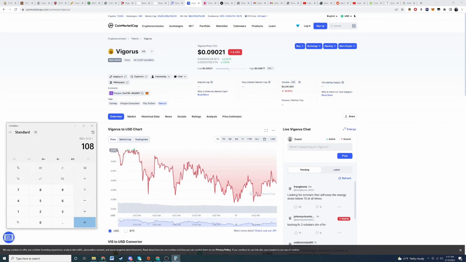So you would earn about 108 VIS per day in this hypothetical arrangement. 108 VIS per day at current VIS cost is just under $10 per day, $9.74.